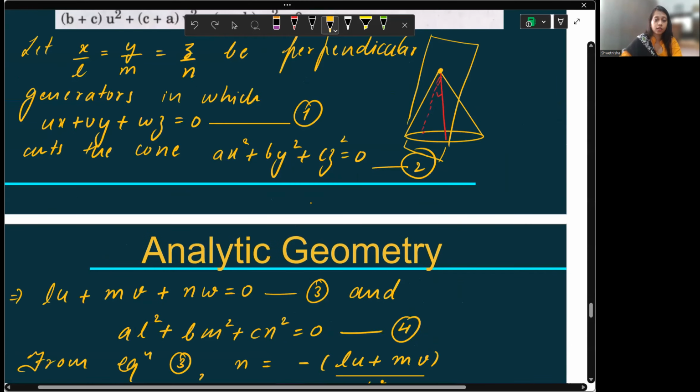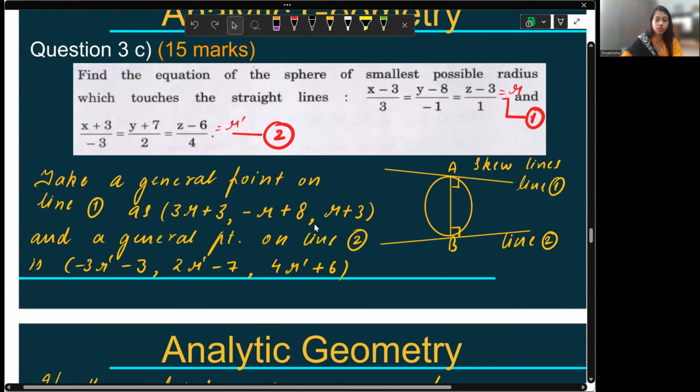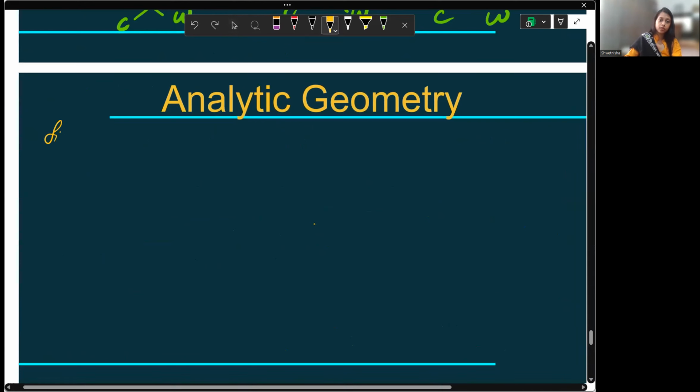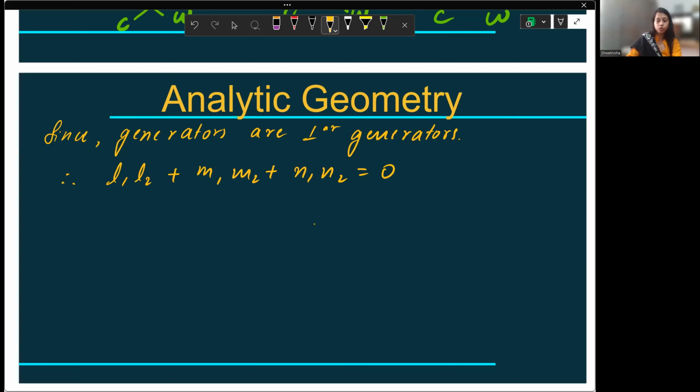Since generators are perpendicular generators, therefore L1 L2 plus M1 M2 plus N1 N2 is equal to 0.